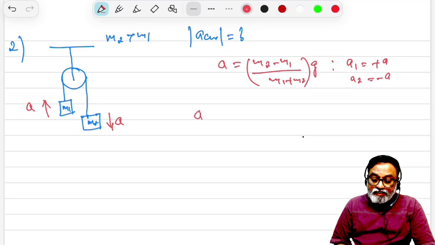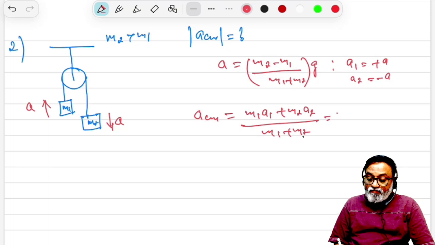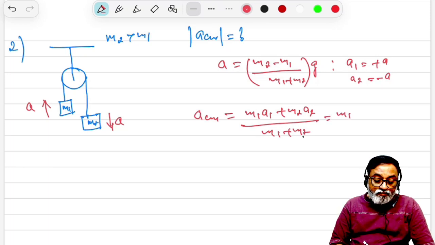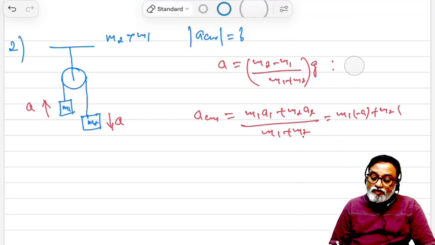Therefore, here acceleration of center of mass becomes m1 a1 plus m2 a2 by m1 plus m2. See here, m1 a1 means plus a. Sorry, downwards I am taking positive and upwards as negative.